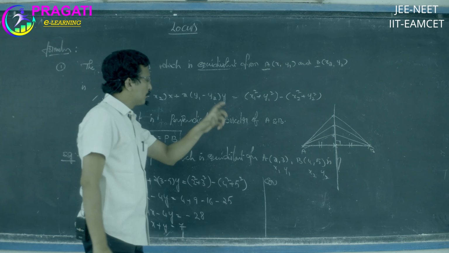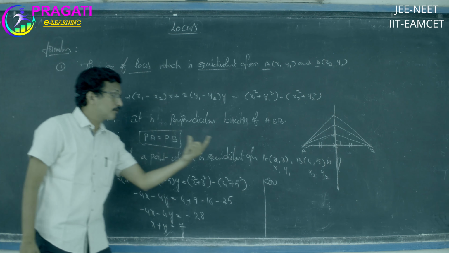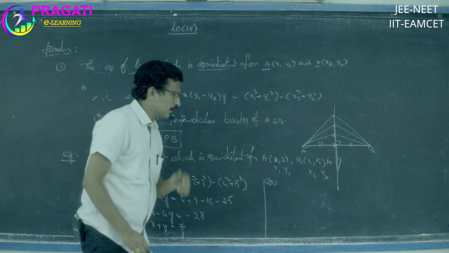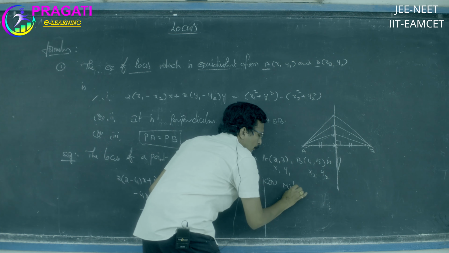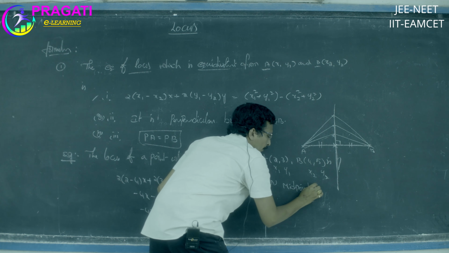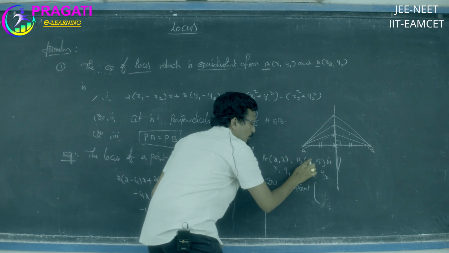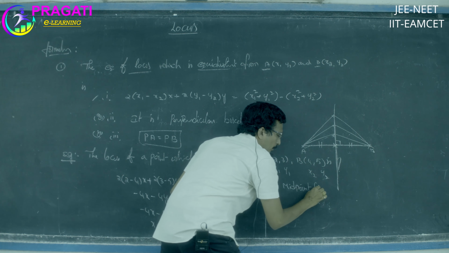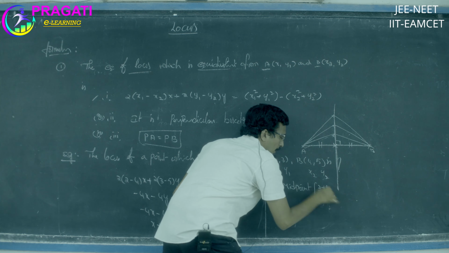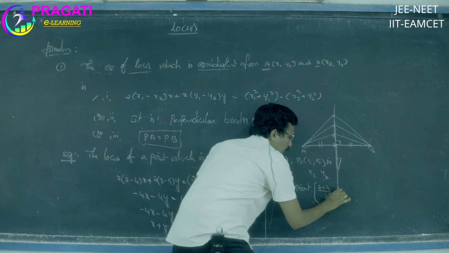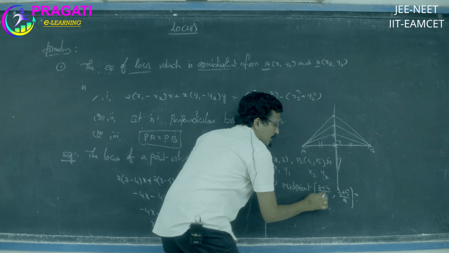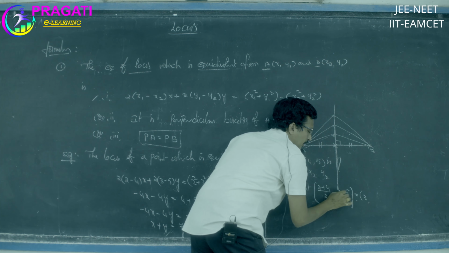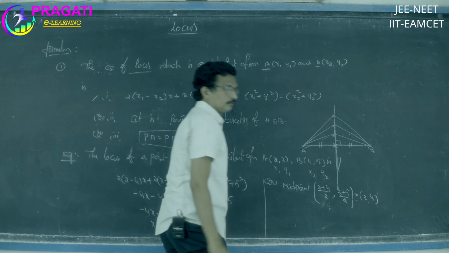So first of all, to find the midpoint of these 2 points, the formula is (x1 plus x2) by 2, that is (2 plus 4) by 2, comma (3 plus 5) by 2. 2 plus 4 is 6 by 2, 3 plus 5 is 8 by 2, that is 3, 4.